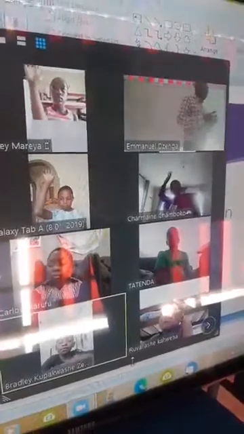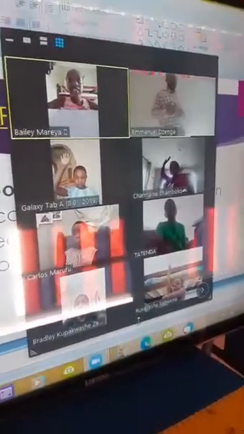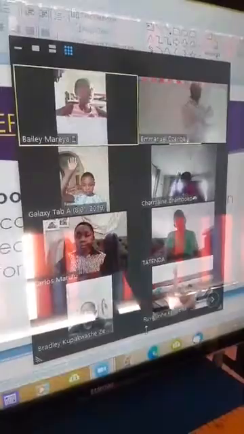Yes, Bailey? Under. Under, correct. The word under is a preposition because it is telling us the position in which. I can give a quick example here using this ruler and the whiteboard marker that I have here.